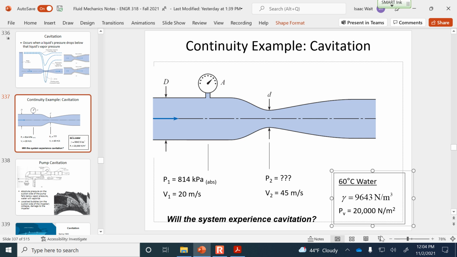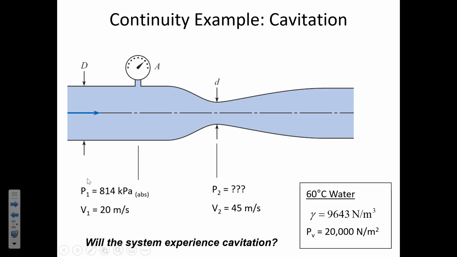Okay, I've given you the absolute pressure at 1, and we need the absolute pressure at 2 to compare to the vapor pressure. As long as the pressure stays above 20,000, the system won't cavitate.